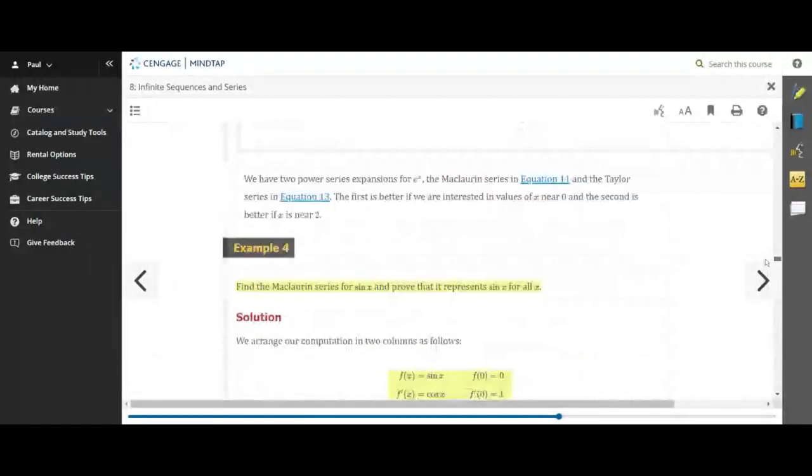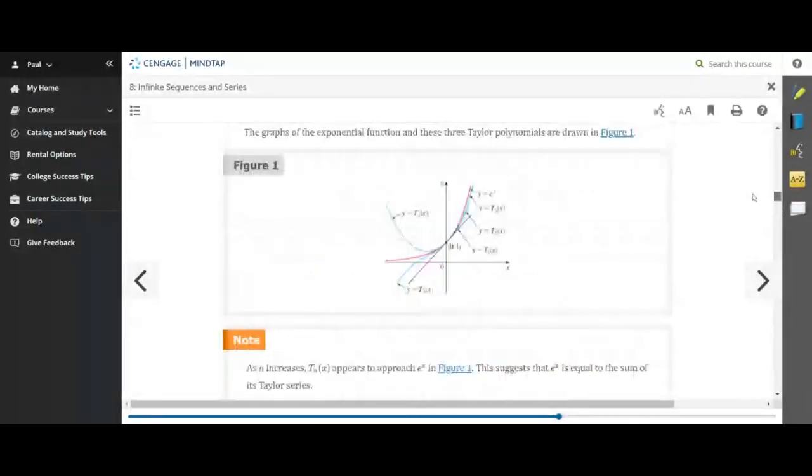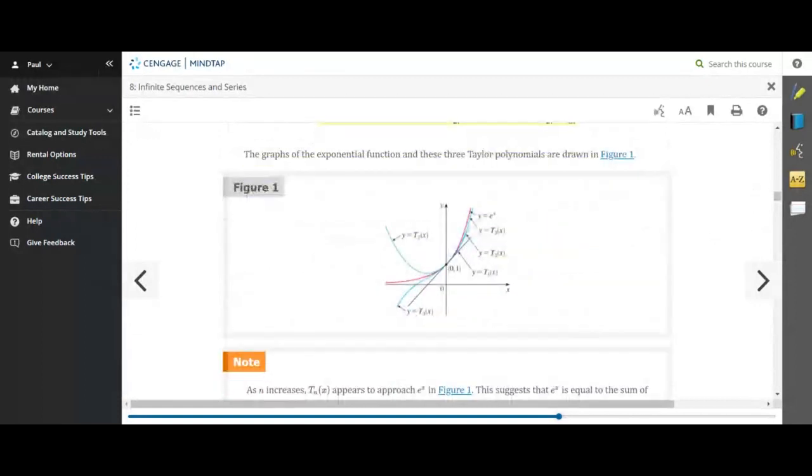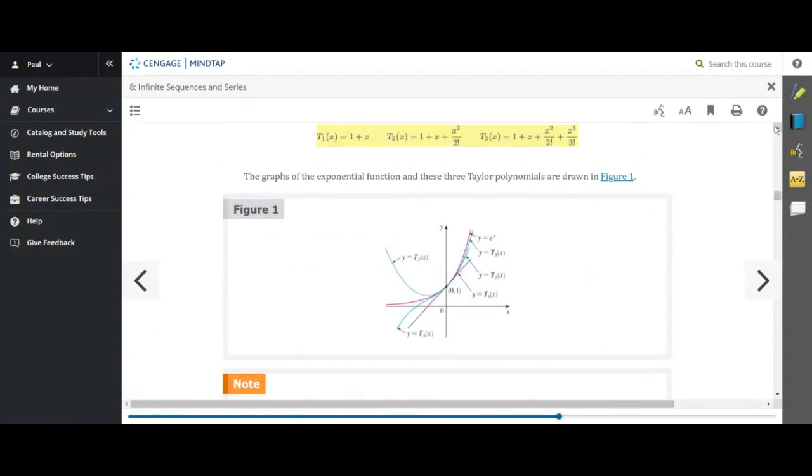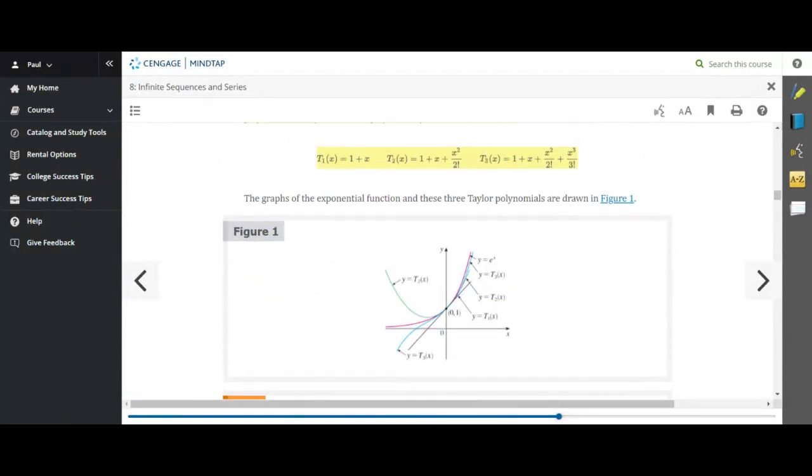If I go in the book and locate figure 1, okay, they mention that the graph of the exponential function and those 3 Taylor polynomials are drawn in the figure.